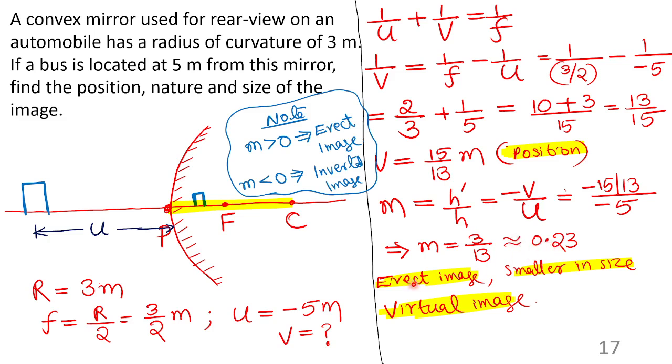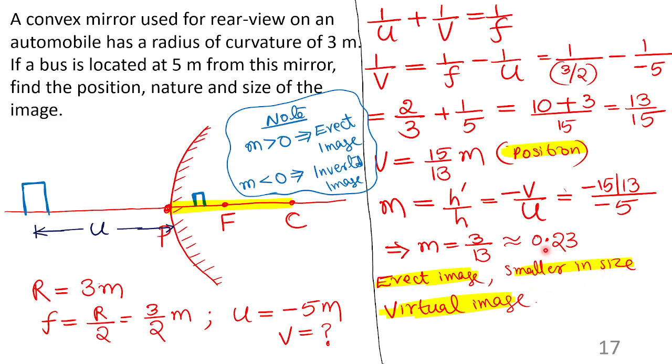Then listen. You need to memorize this. Positive magnification, erect image. You have to learn it by heart. Negative magnification, inverted image. Please memorize this. I got positive magnification, understood, Joshida? Yes, sir. Positive magnification, hence erect image. This part is clear to you? Yes, sir. Then why smaller in size?